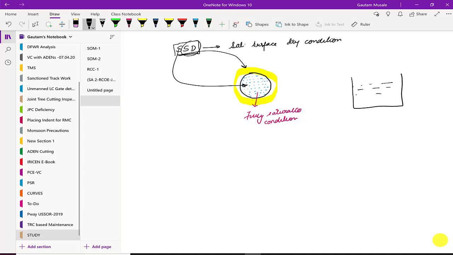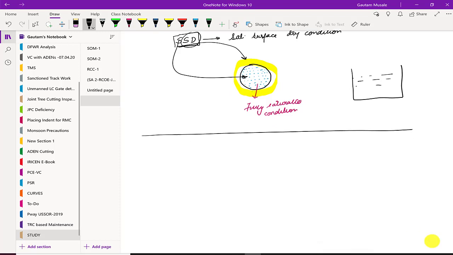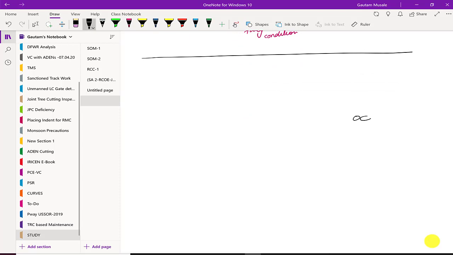This is an SSD condition, and in concrete mix design, my aggregates should correspond to the saturated surface dry condition. Now, what can happen is that you have a site wherein you have dumped your aggregates. Maybe it is 10 mm or 20 mm, or it can even be crushed sand.